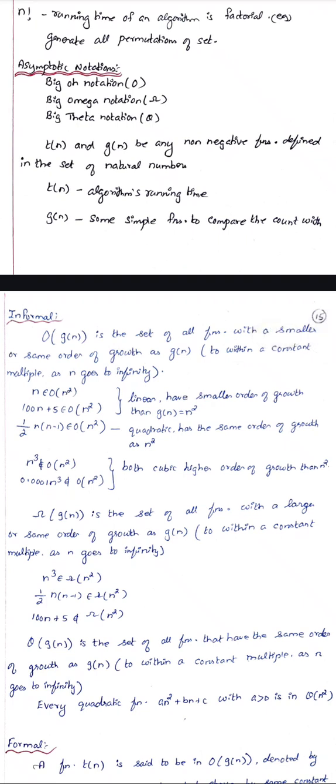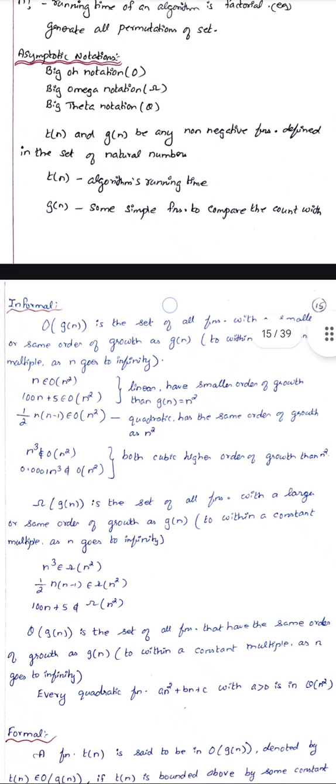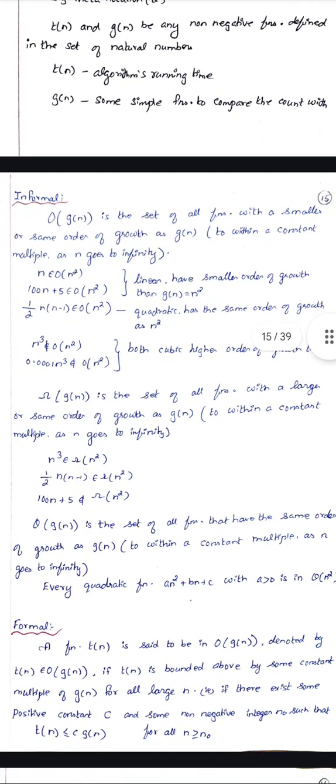Informally, big O of g of n is the set of all functions with a smaller or same order of growth as g of n, to within a constant multiple, as n goes to infinity. N belongs to big O of n square. So half n into n minus 1 belongs to big O of n square.